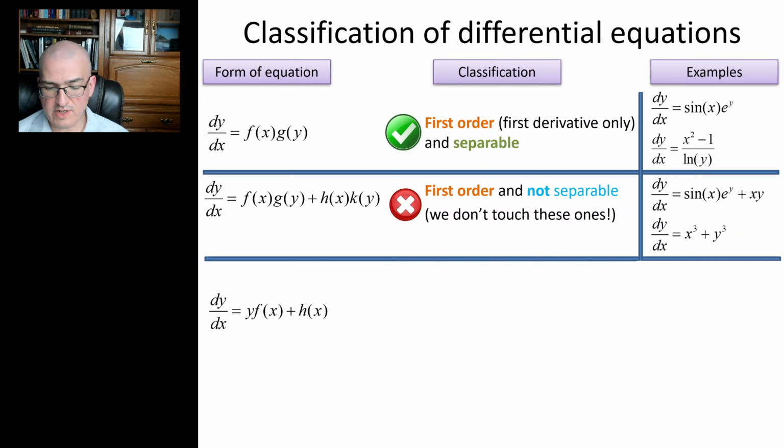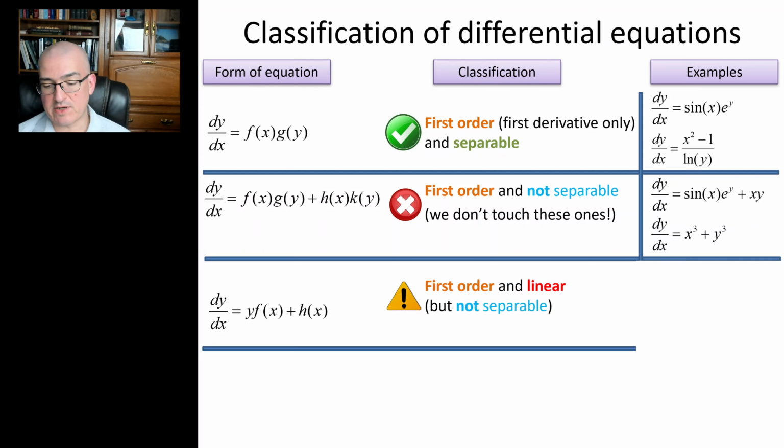Let's look at a special form, however, of that. Let's say it's not f of x times g of y. Let's just say that g of y is y all by itself. So y multiplied by f of x, and let's say on the second piece on the right, instead of having k of y, we just have a 1 there. Now this is a special type of the above equation. It's a subcase of that, and it's called linear.